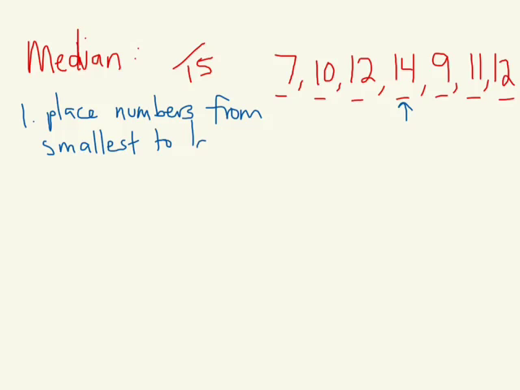Smallest to largest. Okay? That way we always are counting the right middle number. Right? So before we could start using this data that's given, we have to organize it from smallest to biggest.